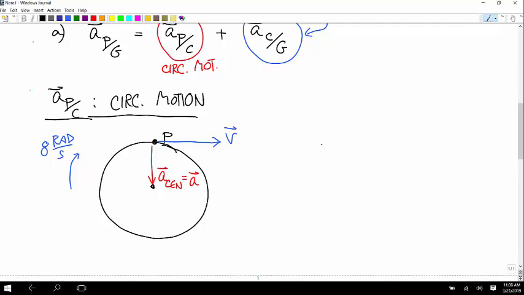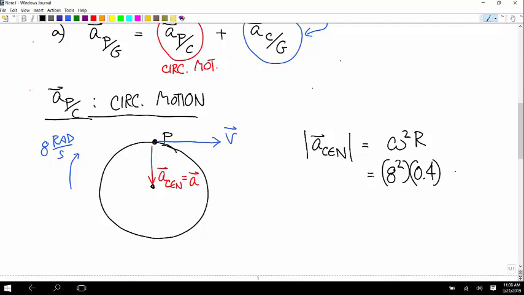The magnitude of the centripetal acceleration is omega squared times r. And so that's 8 squared times 0.4. So 0.4 times 64 is 25.6 meters per second squared.